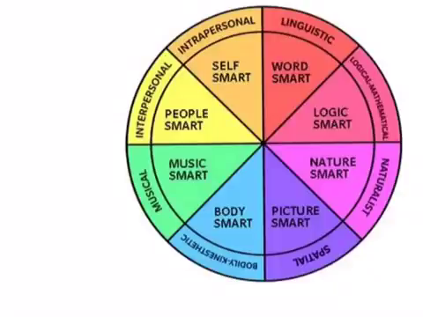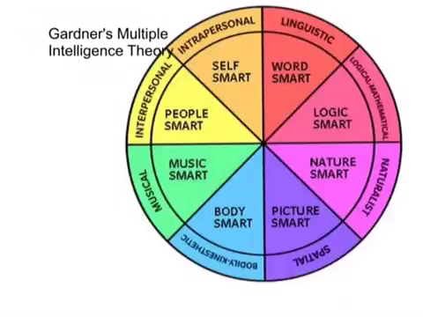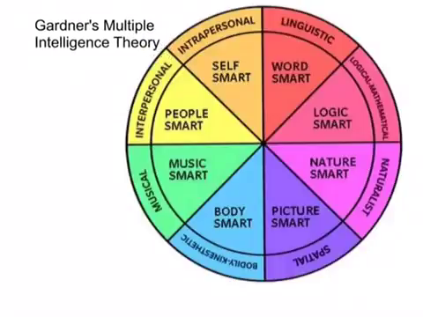So the chart I have up here right now is known as Gardner's Multiple Intelligence Theory. And as you can see, there are some challenges to it, such as making sure you are typing at the same time. But Gardner's Multiple Intelligence Theory was created by this guy named Howard Gardner in the early 1990s.